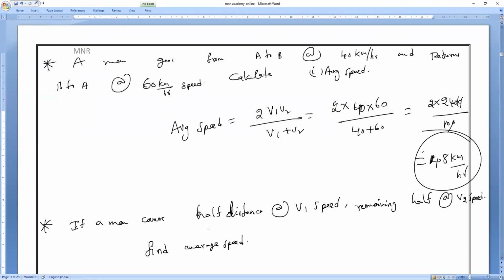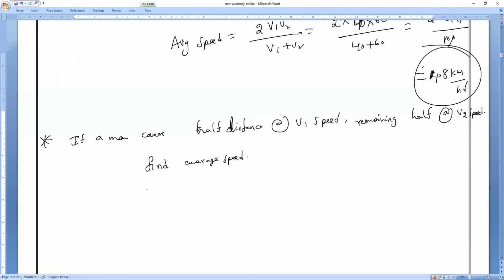So what is the formula you use? Very simple. Look at the screen. This is the total distance. Let me take this as point A and point B. Exactly half distance he traveled with speed V1, and the next half also, exactly half, he traveled with V2 speed.